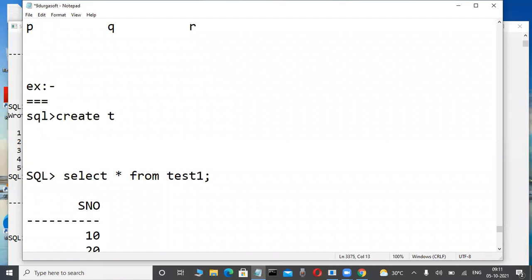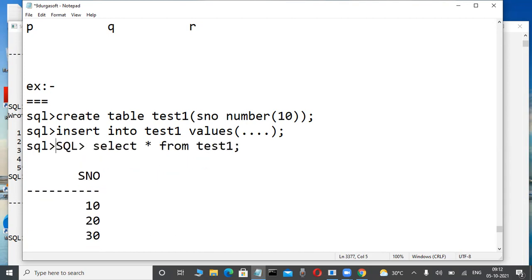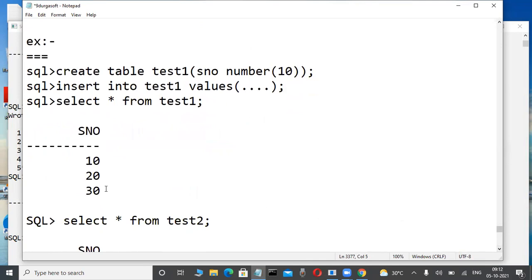Create table, name test one. S number is a column. Write it fast.